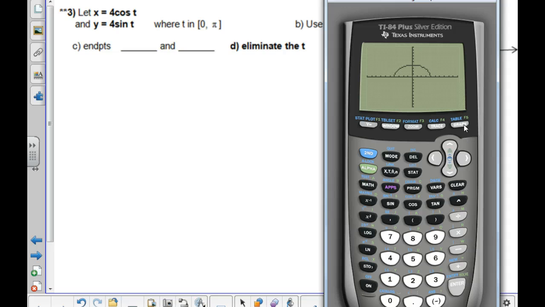Why is it only half of a something? We only went 0 to pi. We only rotated halfway around, okay? If I did a zoom square, guys, you're making this difficult to hear. If I did a zoom square, it actually should look more like a what? A circle, yes. It's a circle, it's just that your calculator is stretched.